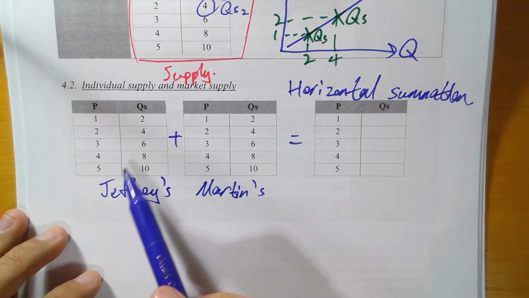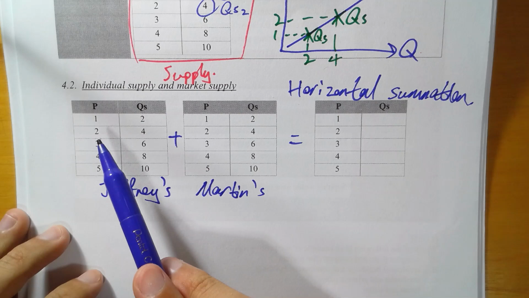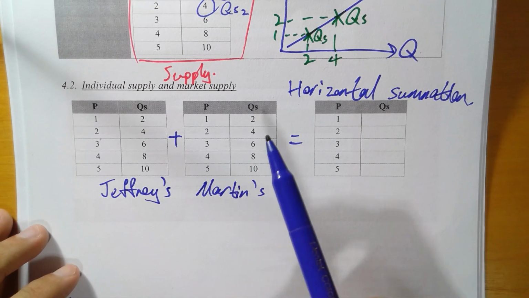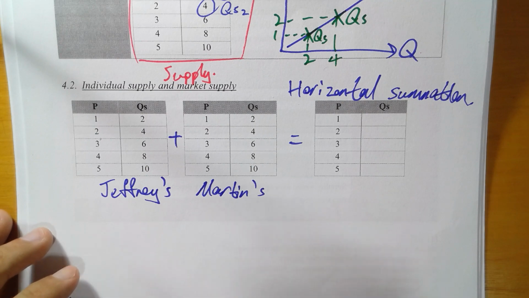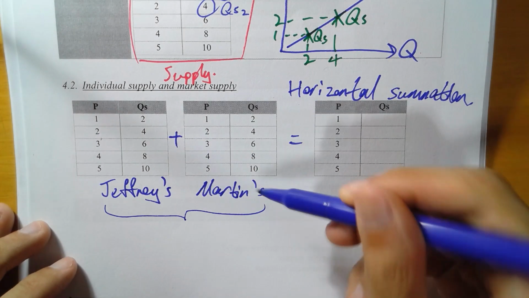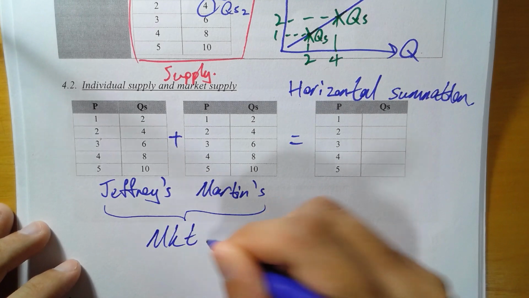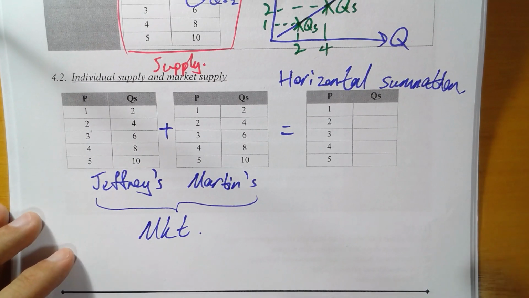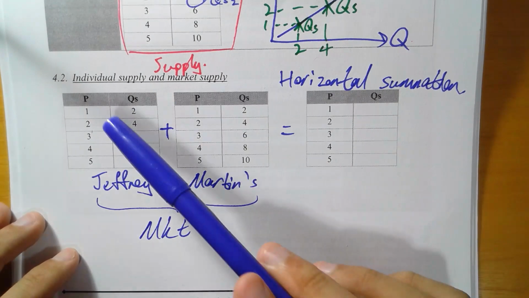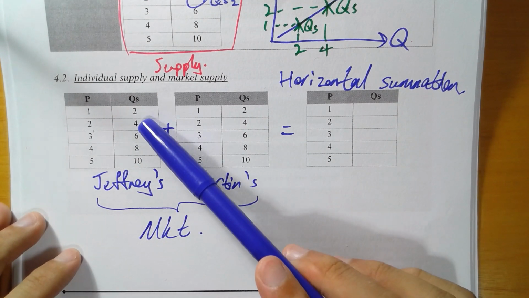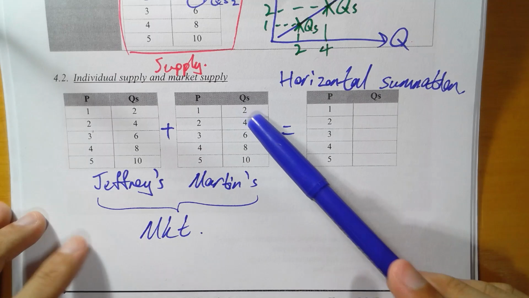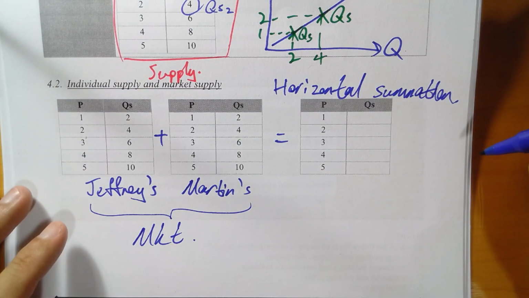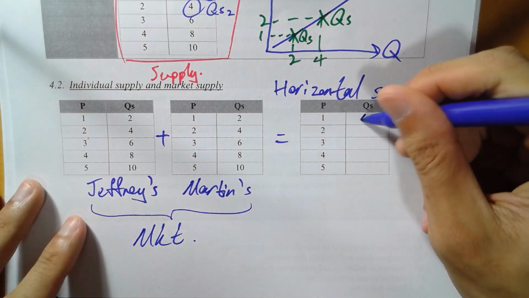Jeffrey 1蚊就願意賣2件，2蚊願意賣4件。And Martin 1蚊願意賣2件，2蚊願意賣4件。Let's say they together form the market. 原來市場得佢2個賣家啫。Combining them at $1, Jeffrey is willing to sell 2, Martin is willing to sell 2, so the total amount willing and able to sell would be 4.